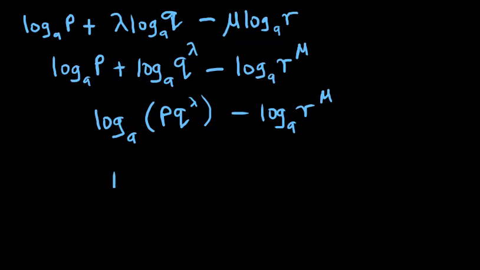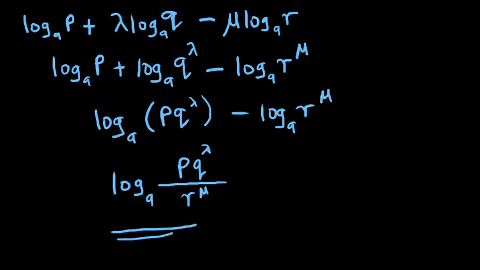So this will be log A of P Q to the power lambda over R to the power mu. That's how our single logarithm is going to look.